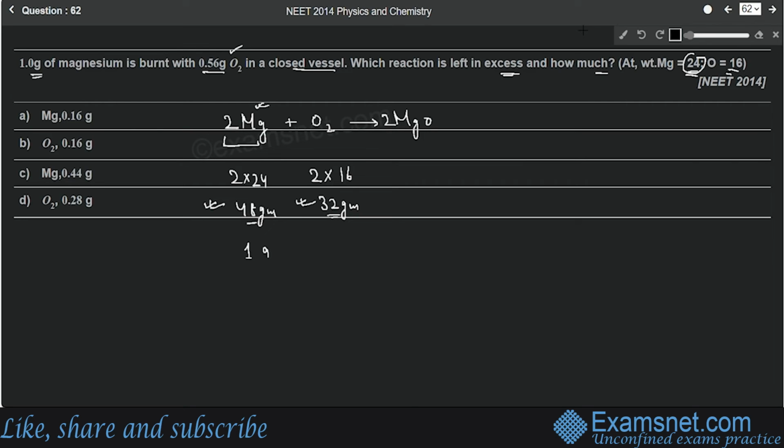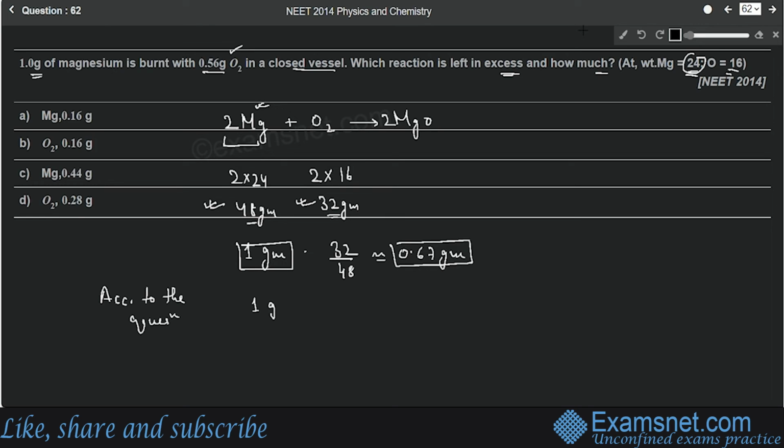So to burn 1 gram of magnesium, how much oxygen is required? 32 divided by 48, that is approximately equal to 0.67 grams, right? To burn 1 gram of magnesium, 0.67 grams of oxygen is required. But according to the question, in order to burn 1 gram of magnesium, how much oxygen is used? 0.56 grams of oxygen is used.